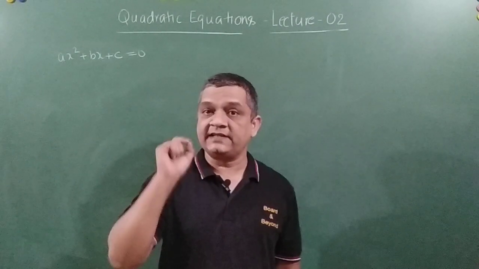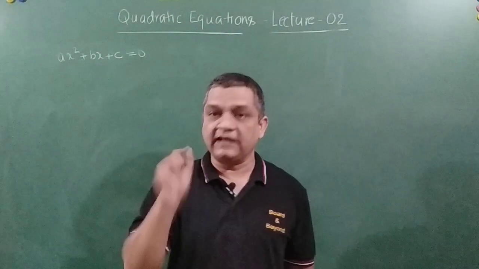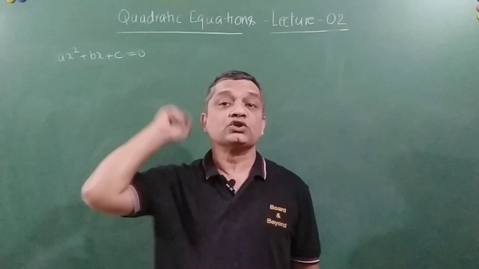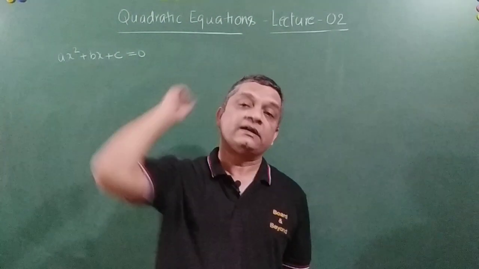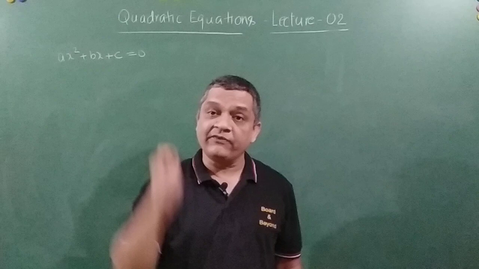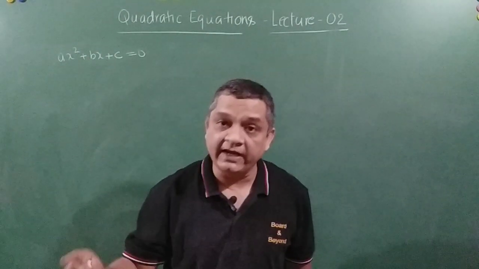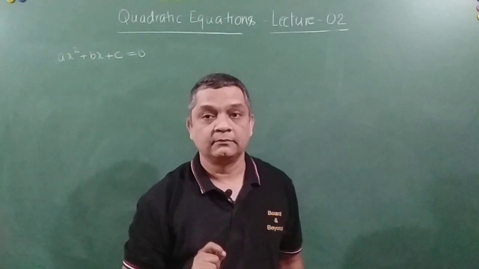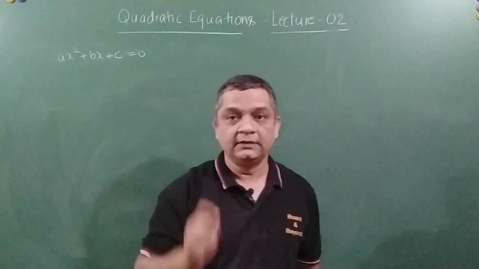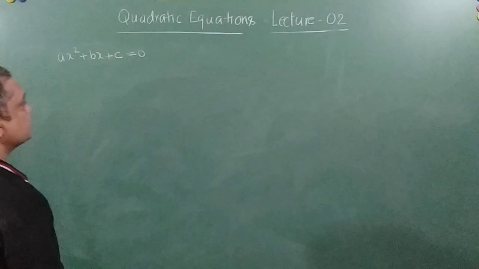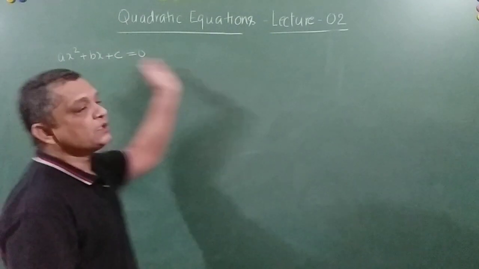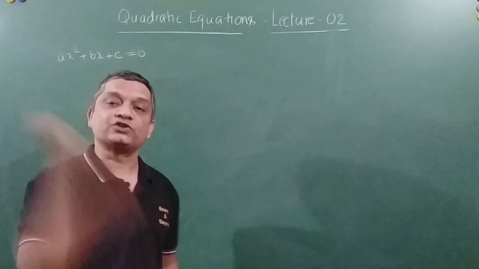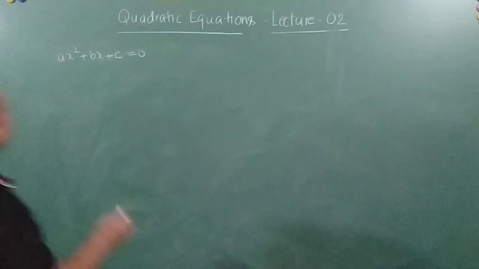Now as I said a few minutes back, if the coefficient of x square is not a perfect square, make it a perfect square by either dividing or multiplying throughout with a constant term, right? You're getting it? So what I am going to do here is divide this equation throughout by a so that it becomes x square and it becomes a perfect square, right?